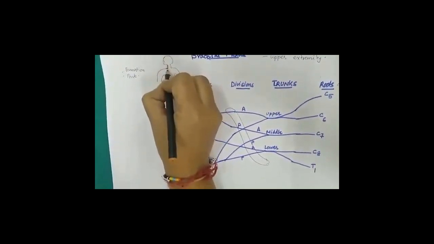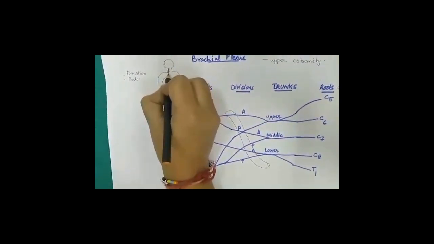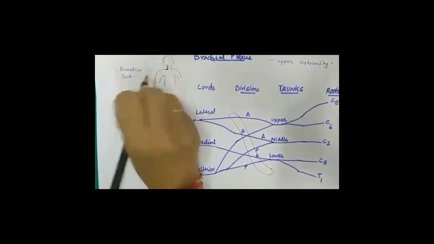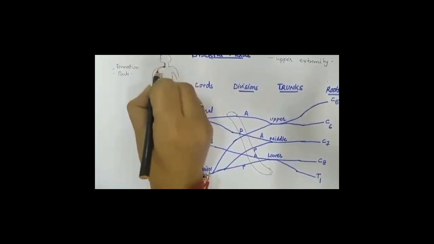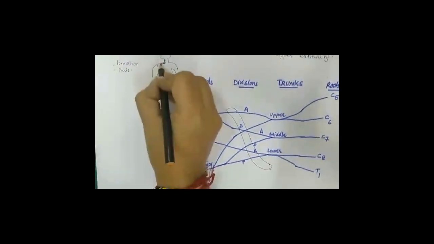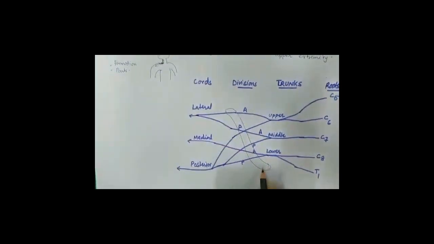The nerves have come out from the neck, lateral part of the neck, in the form of roots. Then they form trunks, divisions, cords, and these divisions and cords have entered the axilla after crossing the clavicle.